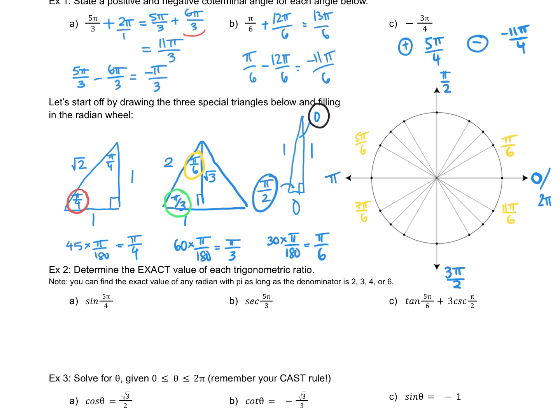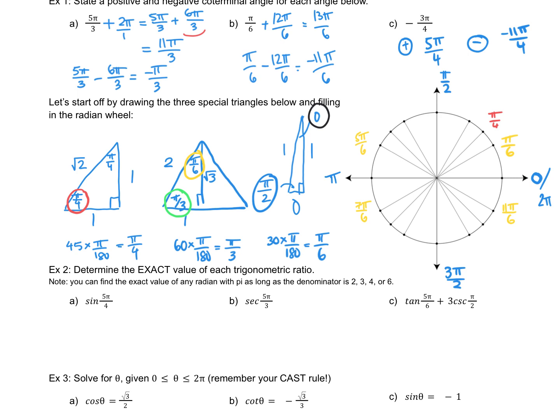And you'll notice that all of the denominators are 6. So if you see an angle in radians, something pi over 6, that alpha will be pi over 6. You'll know which triangle to look at right away. Now let's go and do our 45. So pi over 4.